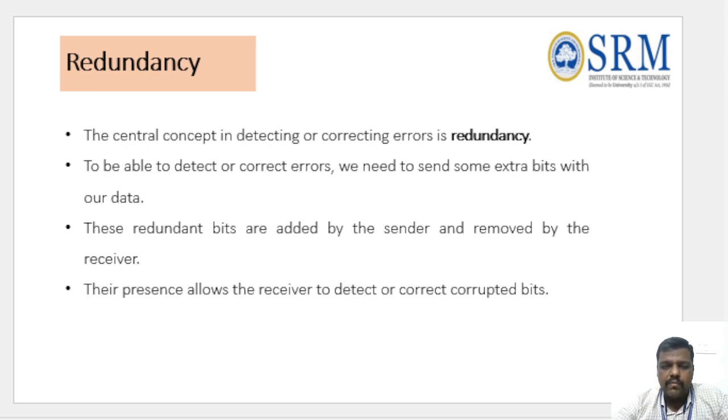To find out whether the data transferred from the sender to the receiver has an error or not. This redundancy bit is removed by the receiver when the original data with the redundancy bit has been received. That is the main role played by the redundancy bit.